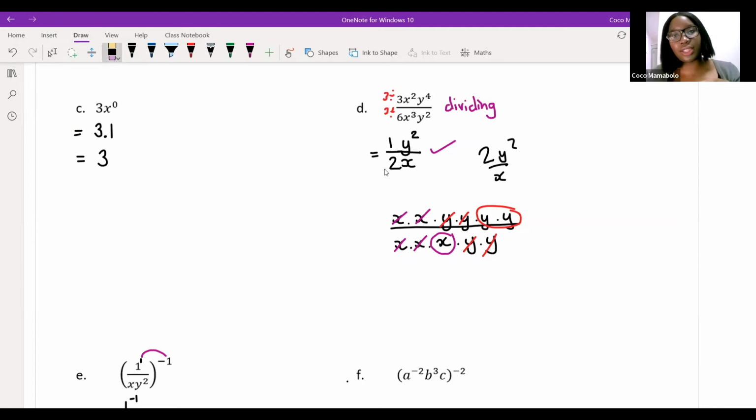So we can't just decide, I'm going to flip the numbers and then decide that now 6 is at the top and 3 is at the bottom. I need to make sure 3 is where it is and 6 is where it is. It's in the denominator. So if you're saying 6 divided by 3, good, but the answer for 6 divided by 3 is 2, and 2 is in the denominator and not in the numerator.